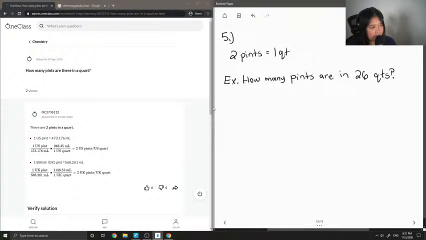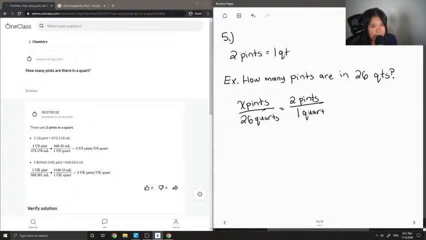Okay, so all we have to do is do x pints divided by 26 quarts is equal to our conversion ratio, which is 2 pints divided by 1 quart. Now we just have to solve for x.